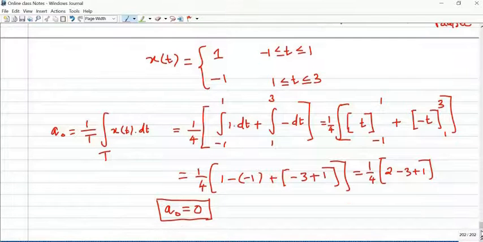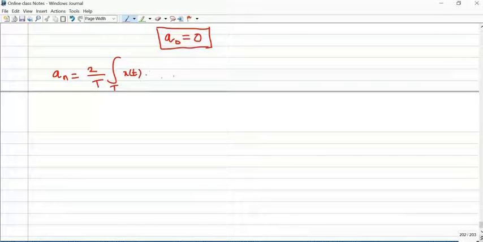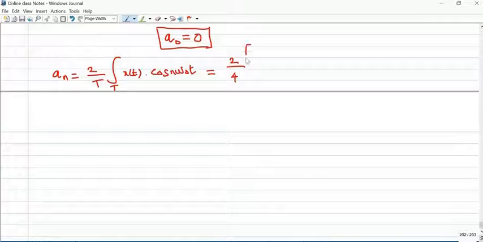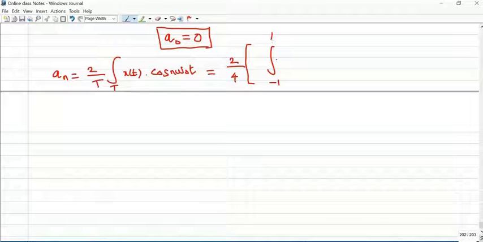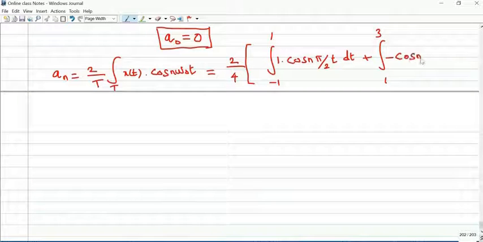Now the an value. The formula for the Fourier series coefficient an equals 2 by the fundamental time period, times the integral over the period of x of t cos n omega naught t dt. Substitute 2 by 4: the integral from minus 1 to 1 of x of t, which is 1, times cos n omega naught t, where omega naught in this example is pi by 2, dt, plus the integral from 1 to 3 of x of t, which is minus 1, times cos n pi by 2 t dt.